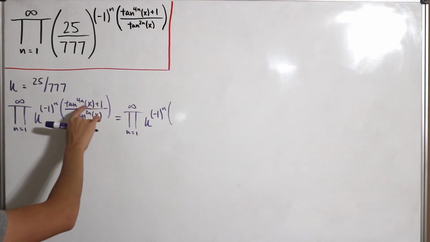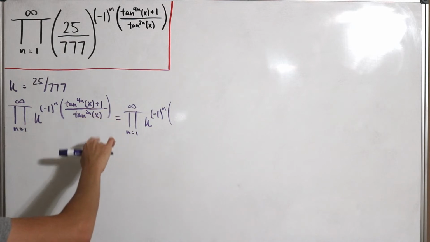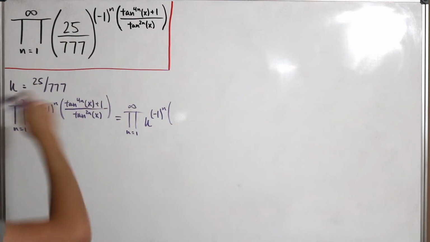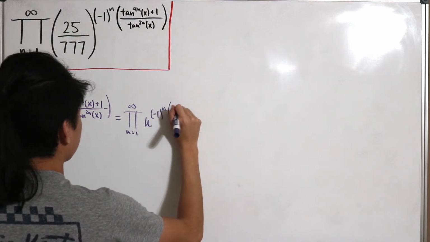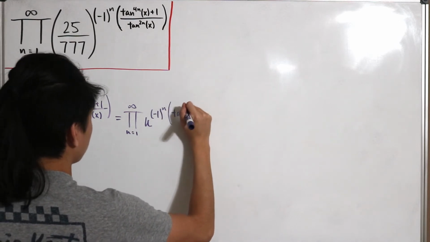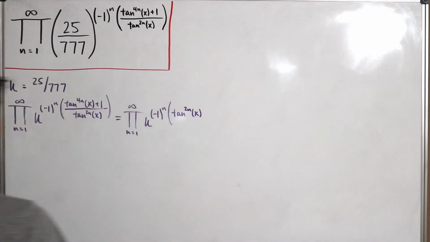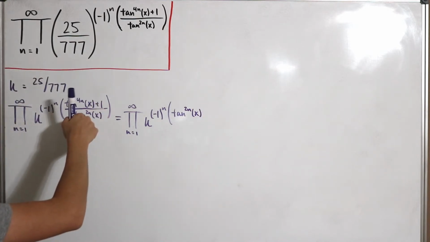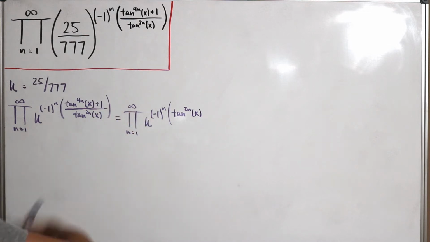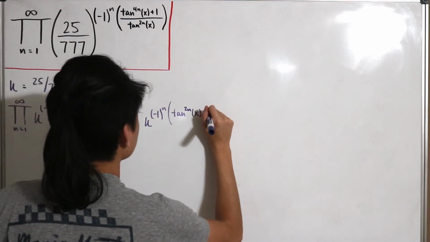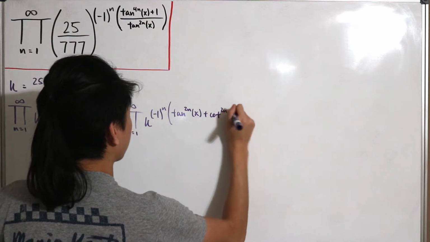So we have tangent of 4n of x divided by tangent of 2n of x. They share the same base, so you just cancel that out and it simplifies down to tangent of 2n of x. Then we have plus 1 divided by tangent of 2n of x, but we can use the trig identity and say that that's equivalent to cotangent of 2n of x.